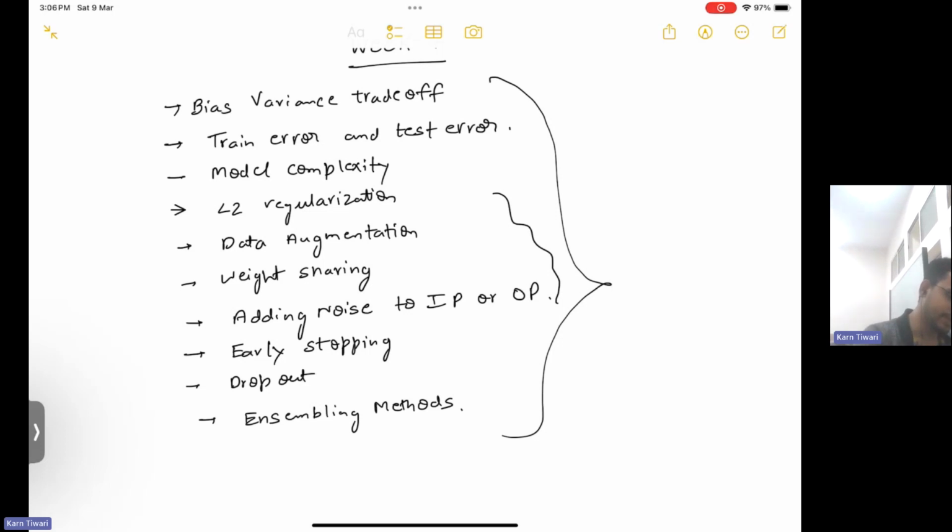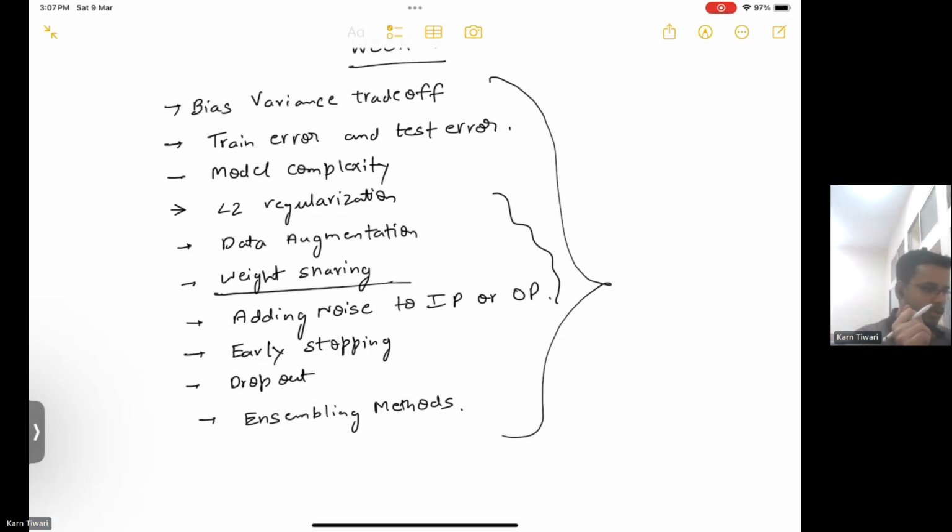And weight sharing. So this is a kind of inductive bias. Inductive in the sense that, for example, you have a time series data set where you take the last 10 time steps and try to predict the 11th one. So we do this auto-regressively. So RNNs and all, you might have heard of transformers and all.